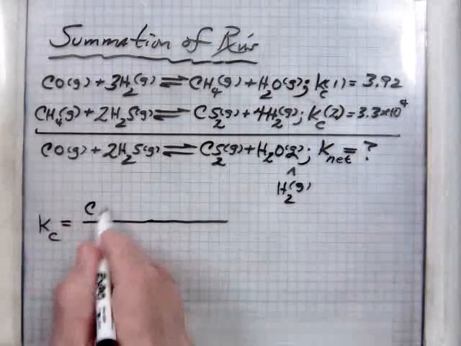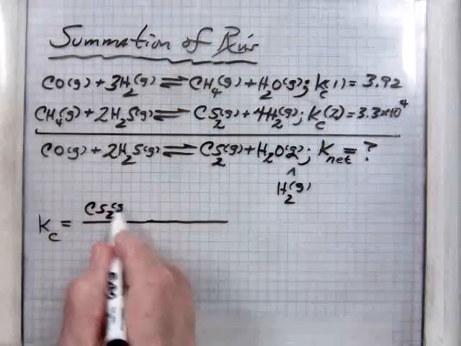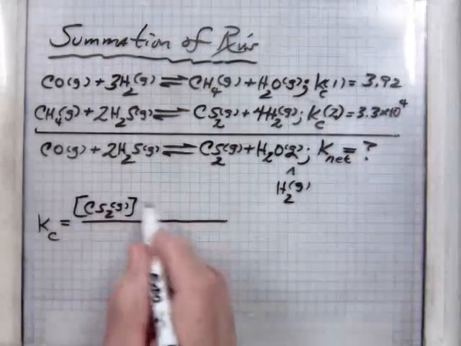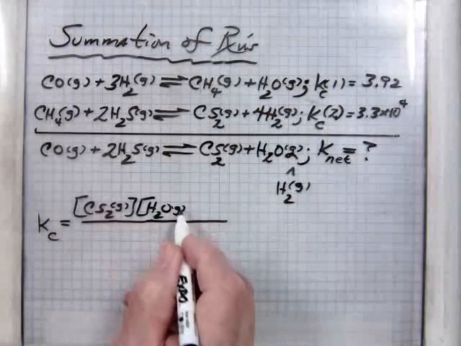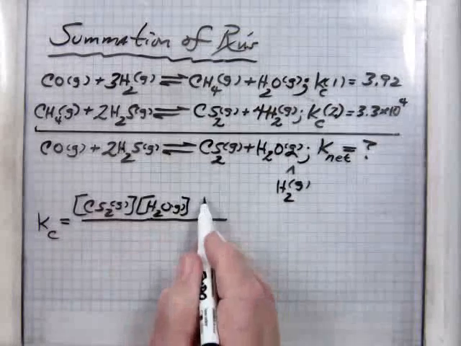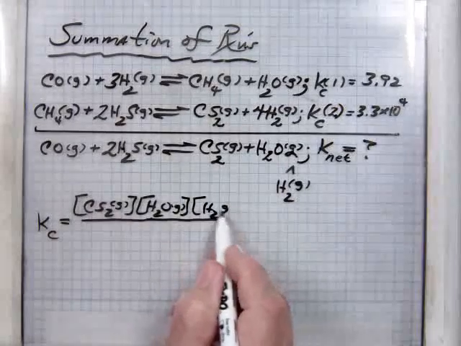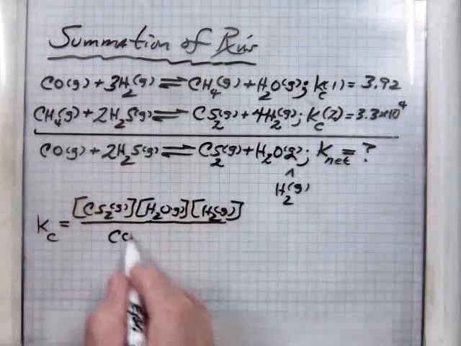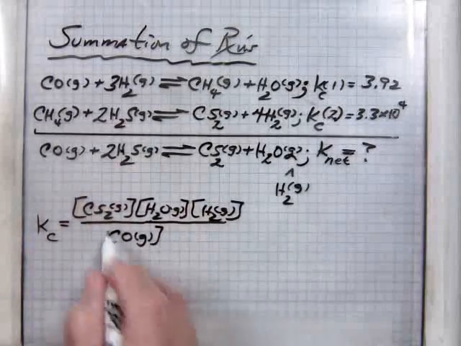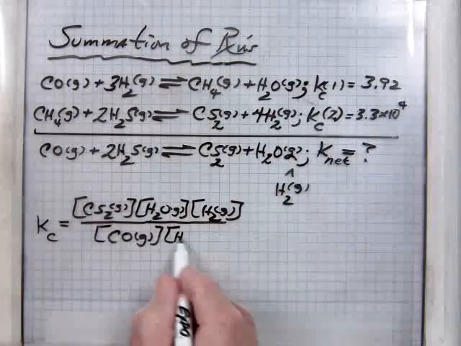So that's CS2 and H2O, water vapor, and H2, gas products, over reactants, CO and H2S squared.